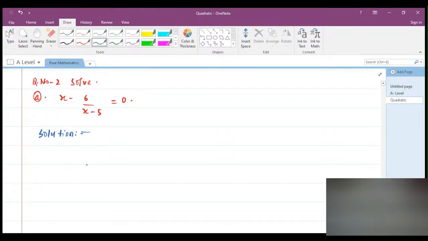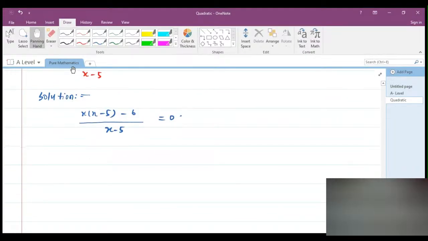So here we take x minus 5 common or LCM, then here will be x minus 5 minus 6 equal to 0. After the cross multiplication, we get here x minus 5 minus 6 equal to 0 into x minus 5.